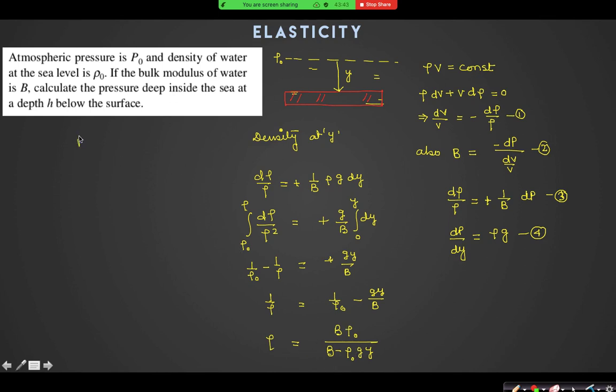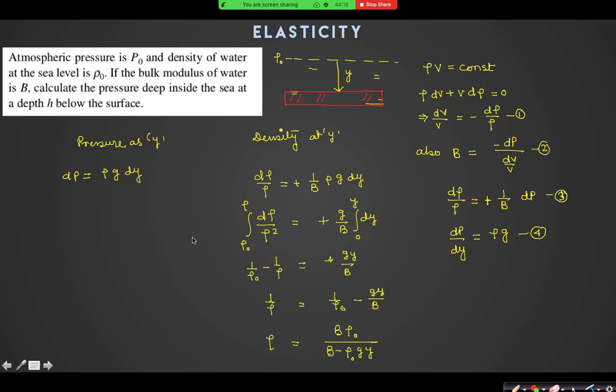Now how do I find pressure as a function of y? I will use dp is equal to rho g dy, equation number 4.